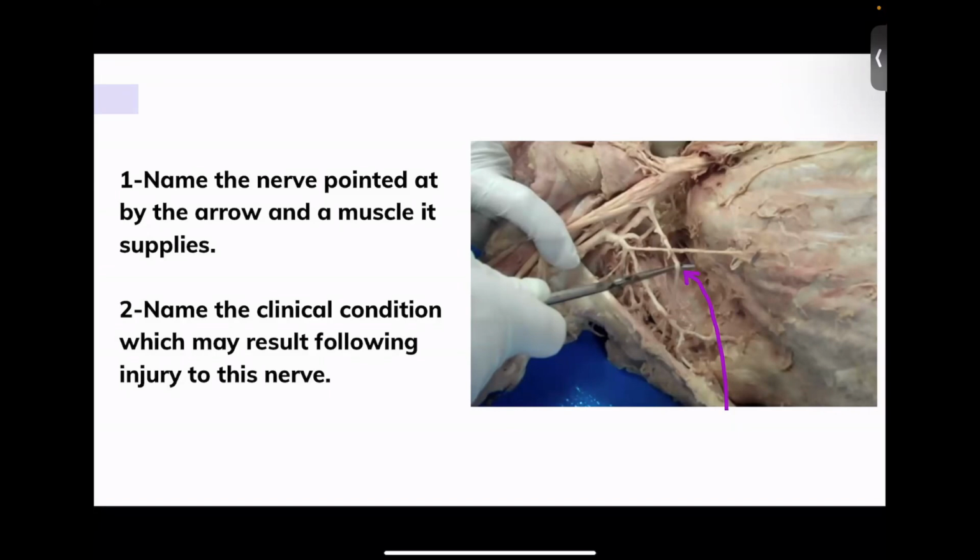It is for the winging of scapula. That's a clinical condition. My bad. So serratus anterior, the clinical condition is that it leads to the winging of scapula. Okay. So please keep this image in mind, keep this nerve in your mind, and the function of the nerve and the clinical condition.